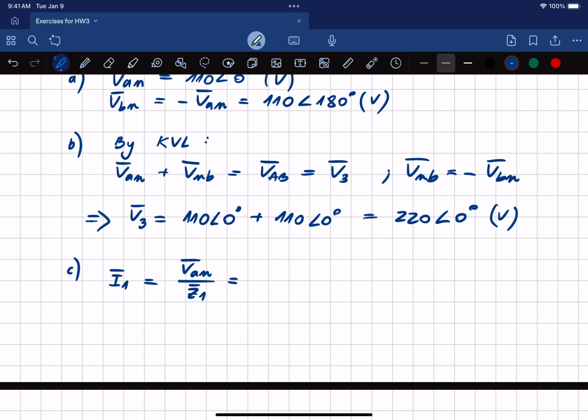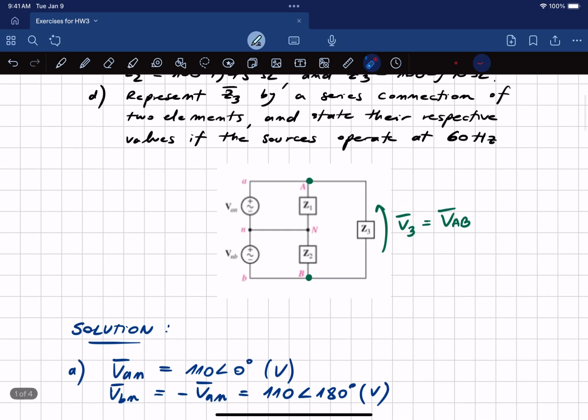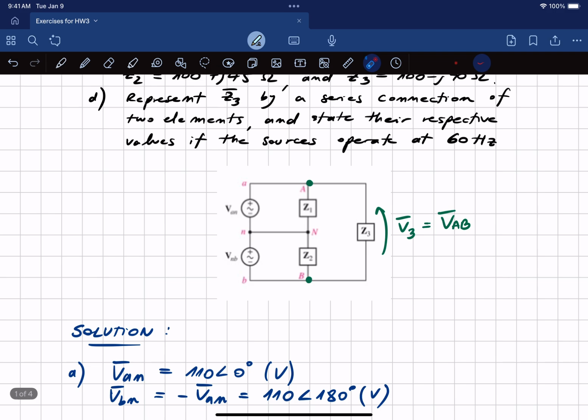So why am I writing this down? Because we know that Z1 is connected to this voltage directly. So the current flowing through Z1 is going to be the voltage at Z1 divided by the impedance, simply. Same with Z2.